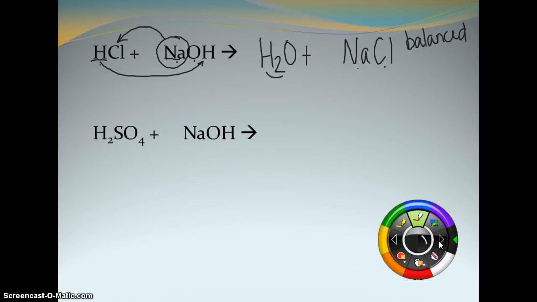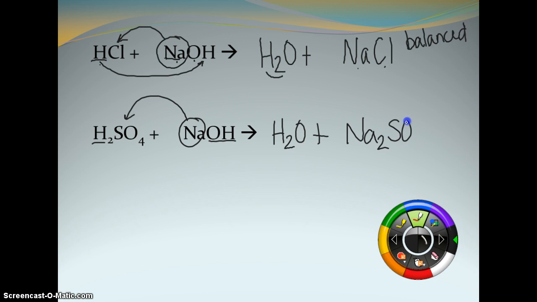If we look at another one, you have sulfuric acid and sodium hydroxide. Remember, the water is going to be made from the hydrogen and the hydroxide, and then the leftover pieces are going to come together to make the salt. Make sure you write your formula correctly. Remember, sulfate has a 2 negative charge, so you're going to get Na2SO4.